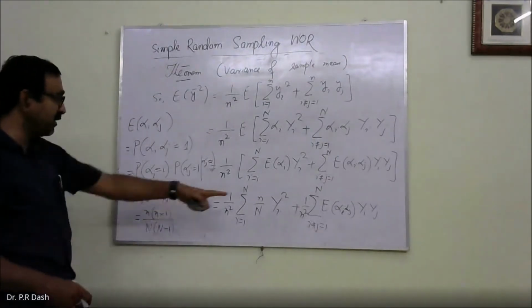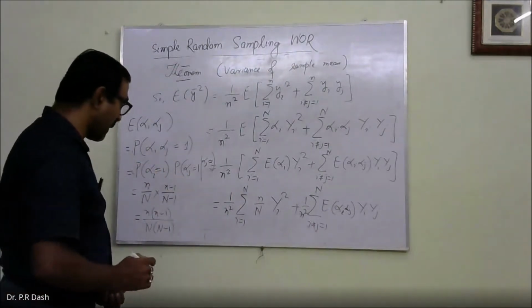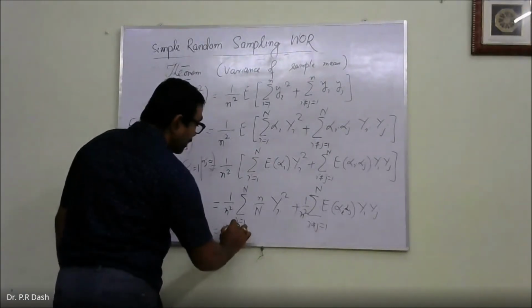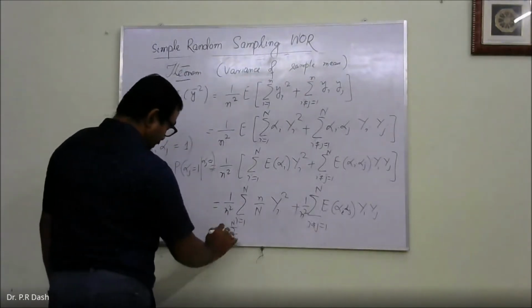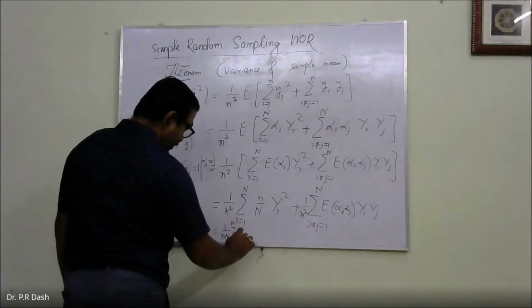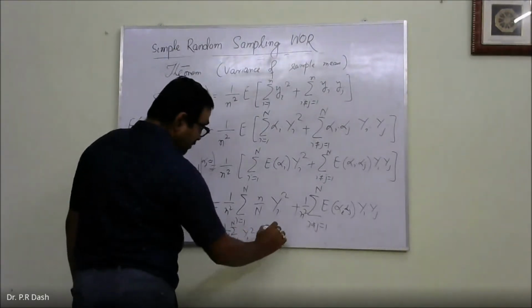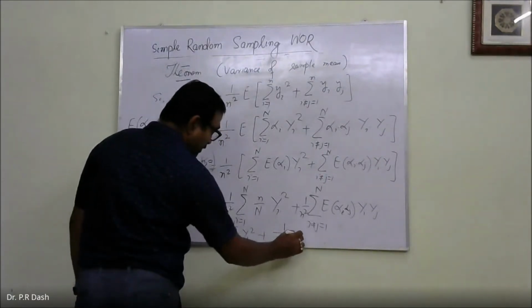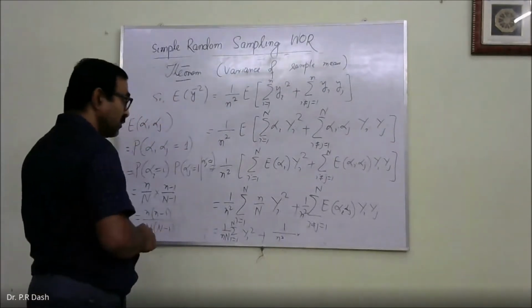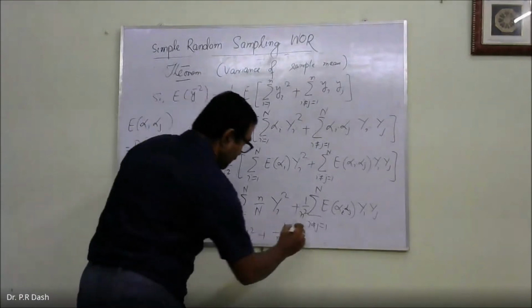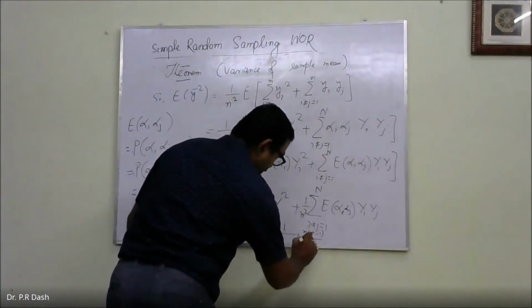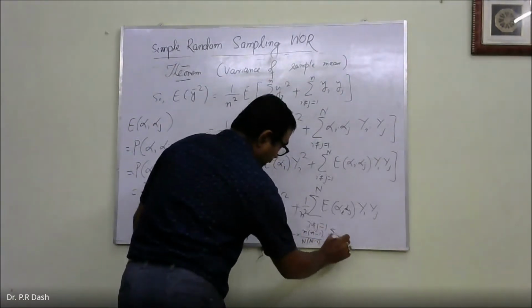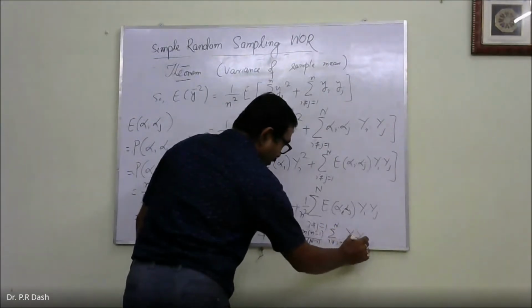Now using this value here, we can get this equal to 1 by small n square summation i equal to 1 to n, this is n by capital N, into yi square, plus 1 by n square into n into n minus 1 by capital N into capital N minus 1, summation i not equal to j varying from 1 to n yi yj.